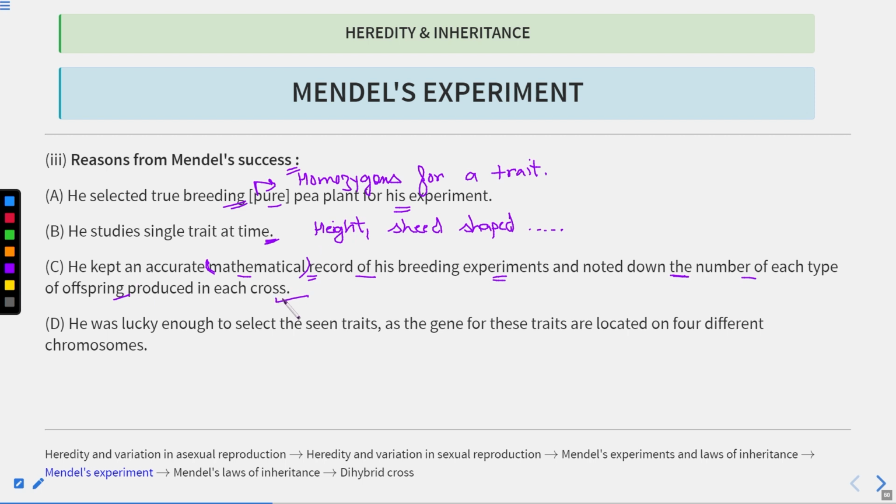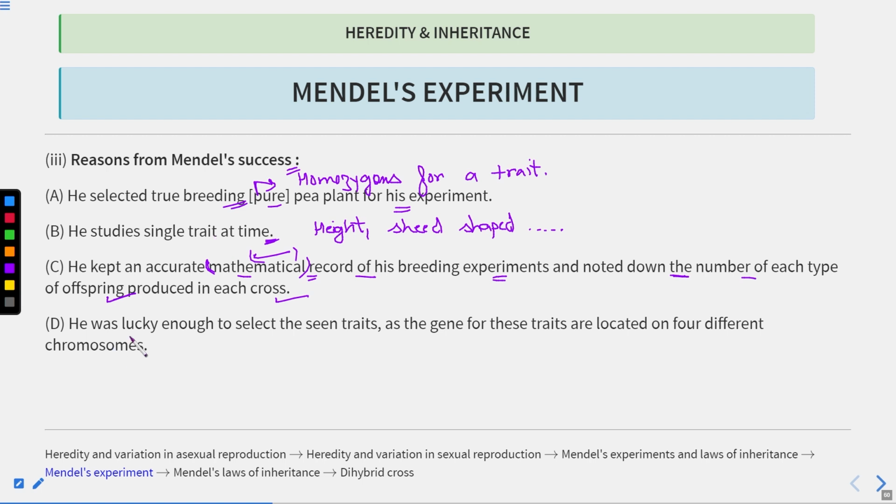All of this Mendel observed, and he kept a mathematical record of it. It was a very tedious job to keep a record of all the offspring produced and what types were produced. Clear? Whether they were tall, and what was their genotype.